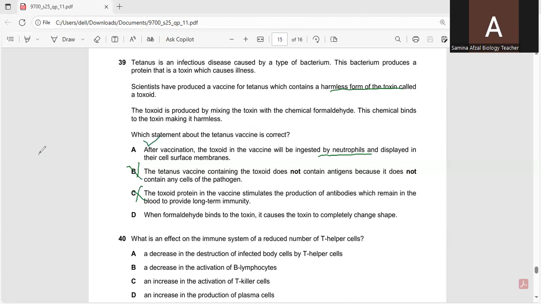The change is not a complete change in shape. It will be an alteration, not a complete change in the structure. So according to this, A is the correct option. Neutrophils are the type of white blood cells involved in the immediate inflammatory response to infection. So according to this, A will be the correct option.